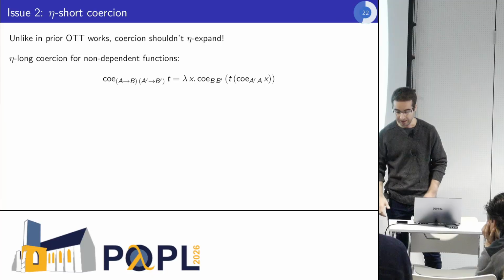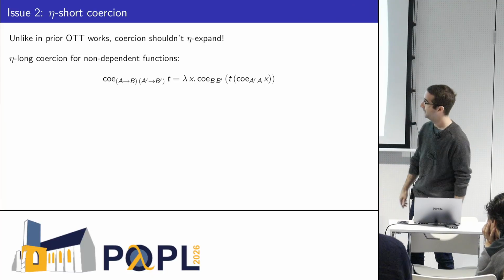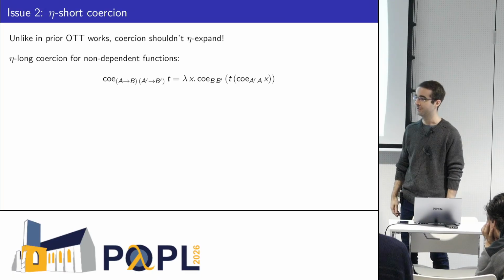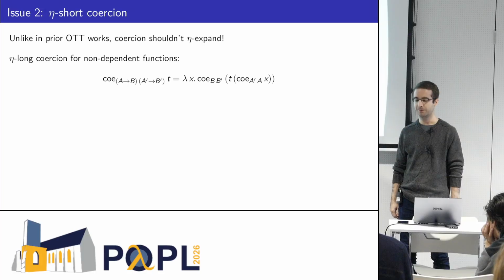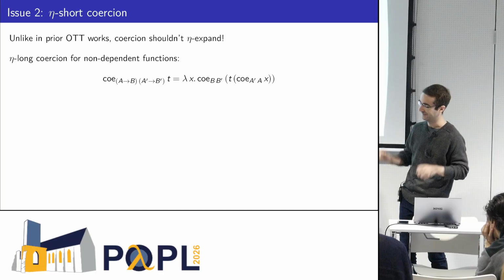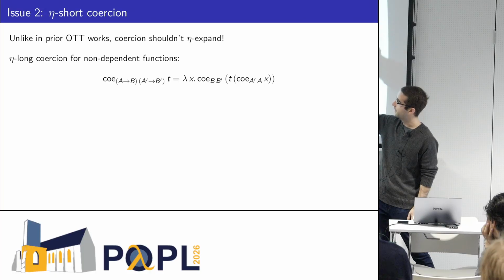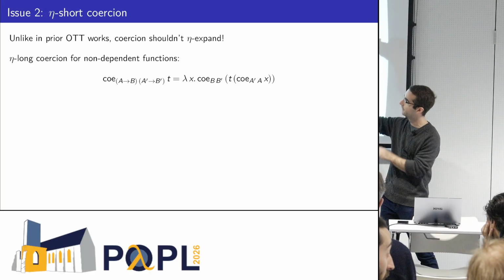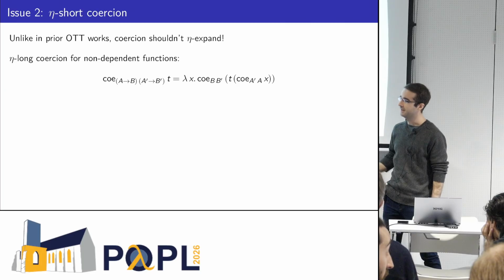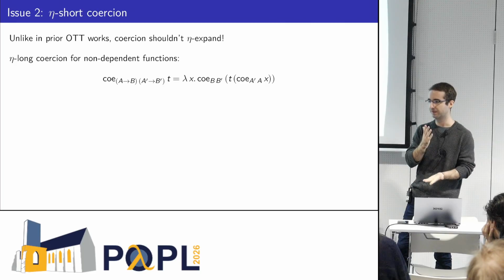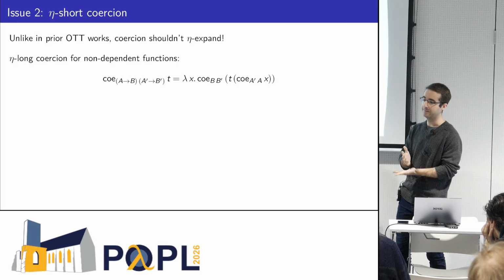Okay, another issue, eta short coercions. So in prior works, the coercion works formally very nicely, but it doesn't work in production because, for example, what happens in the prior works, you coerce any term with this kind of function types in the source and the target, and then you compute a lambda.